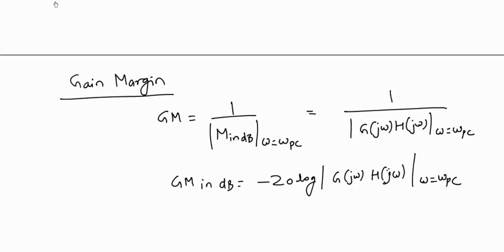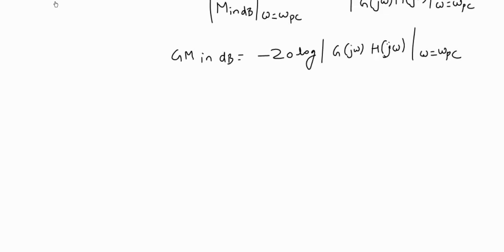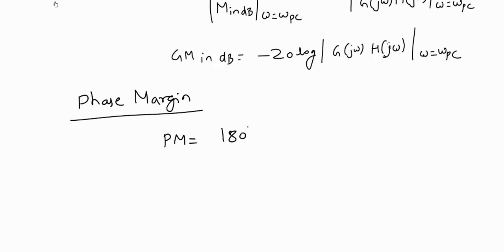Next, similarly, we define the term called phase margin. So phase margin is 180 degrees plus angle of GH at omega equal to omega GC.